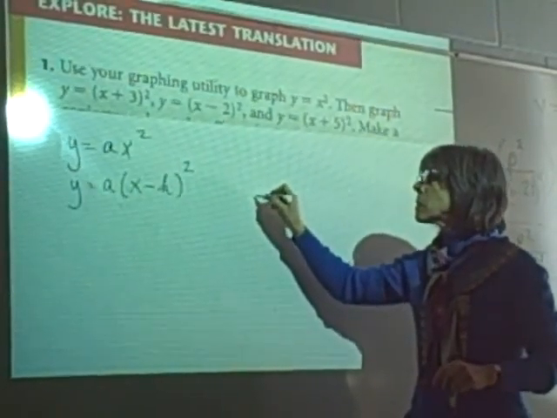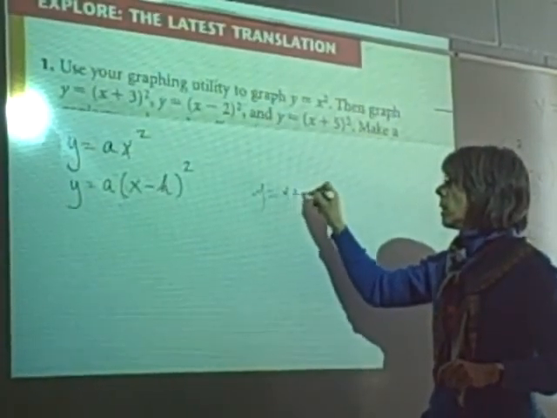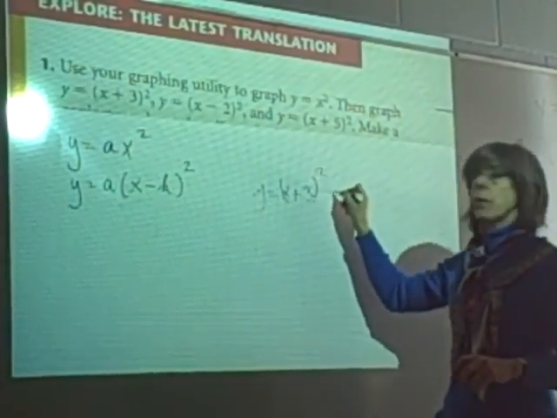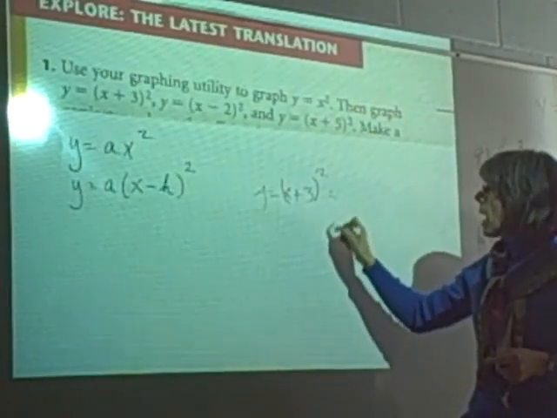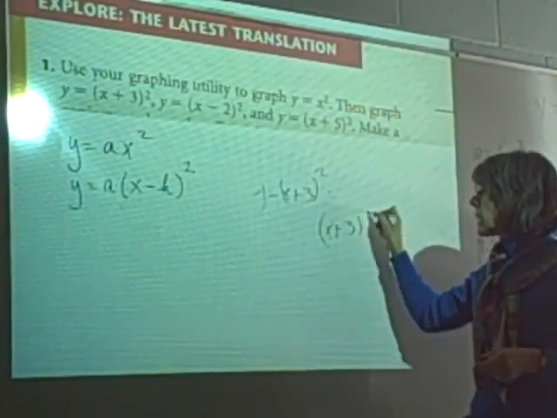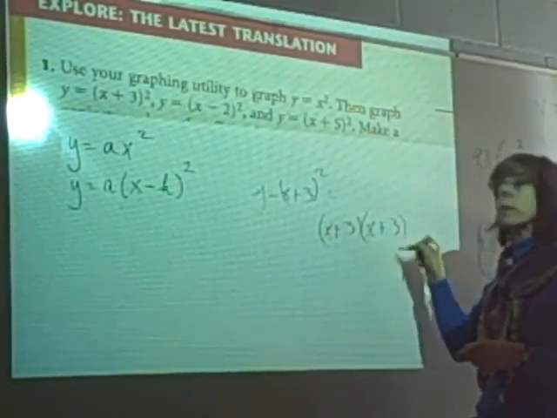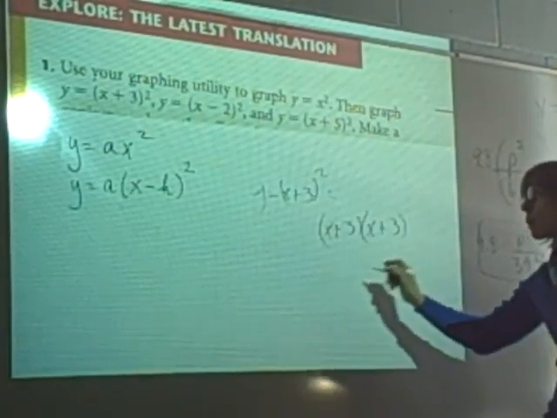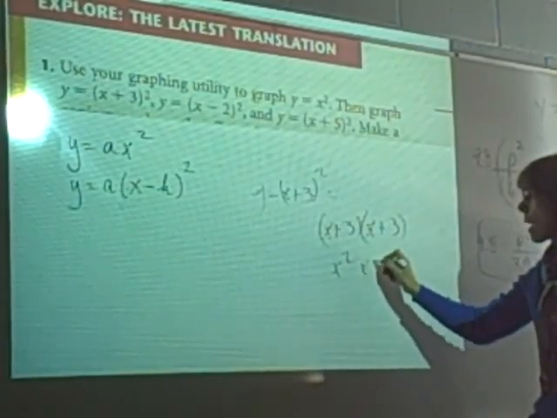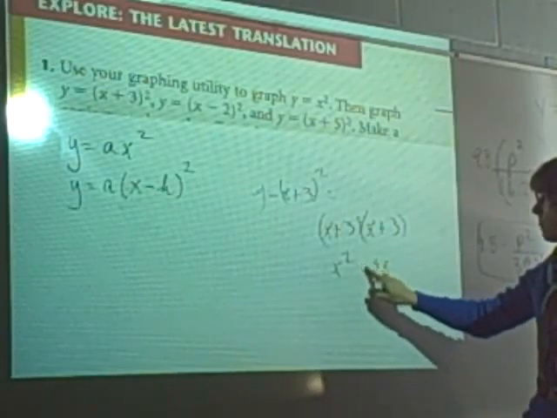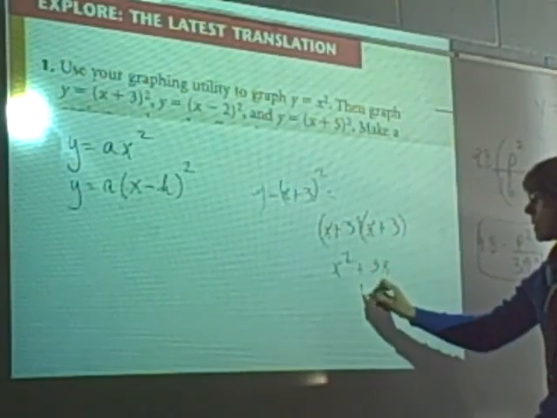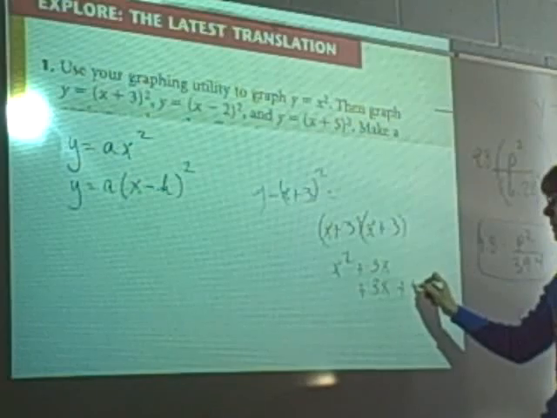This x plus 3 squared means x plus 3 times x plus 3. And if I multiply this out, what do I have? Plus 3x, and plus 3x, plus 9.